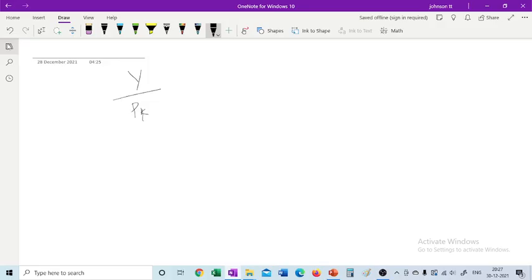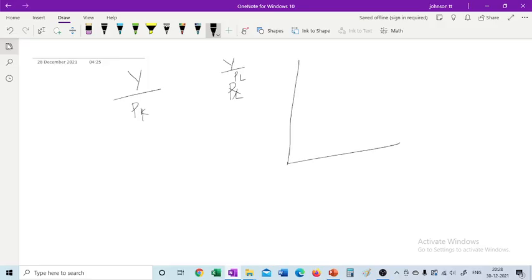So the total amount of capital that we can purchase is Y by PK. Then if you have Y amount of money and PL is the price of labor, how many units of labor can you purchase? Y by PL. So Y by PK is the number of units of capital that you can purchase, and Y by PL is the number of units of labor that you can purchase.